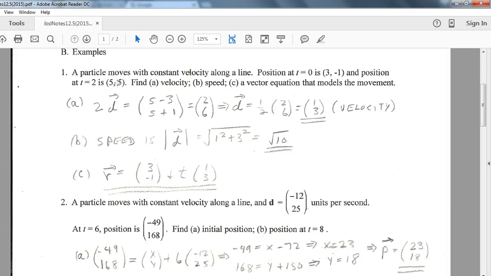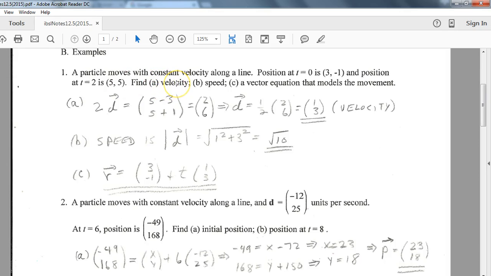A couple of questions we have to find: we know that we started at 3, -1, and if I am now at 5, 5, 2 units of time later, what would our velocity vector have to have been? That's the same thing as asking what was your slope. That's really what the directional vector, or the velocity vector, is.